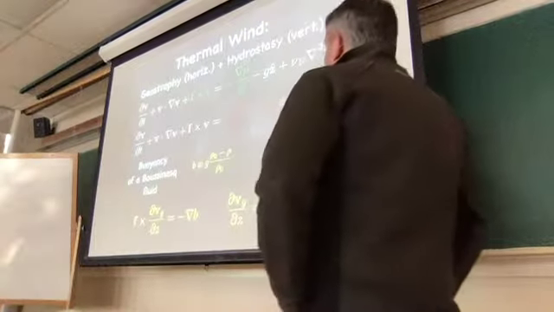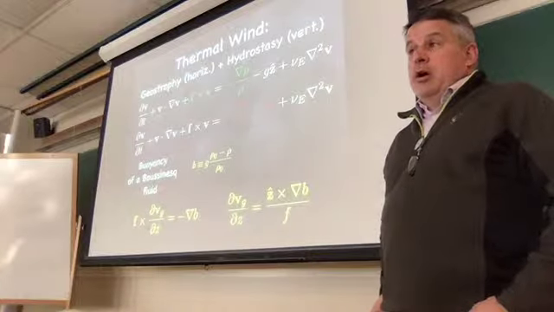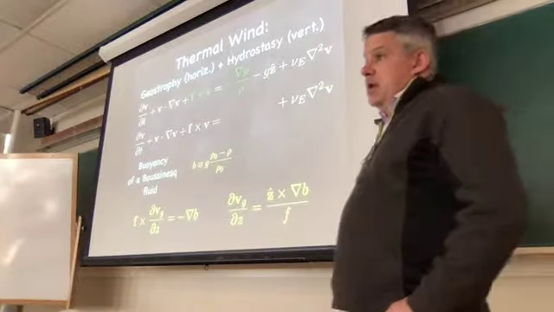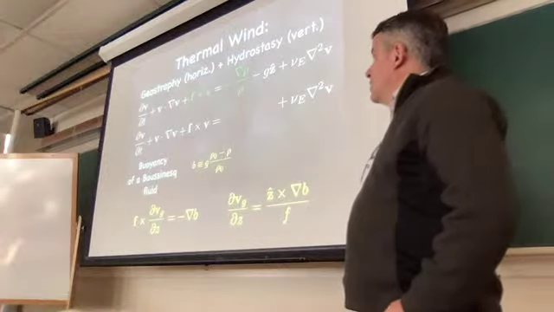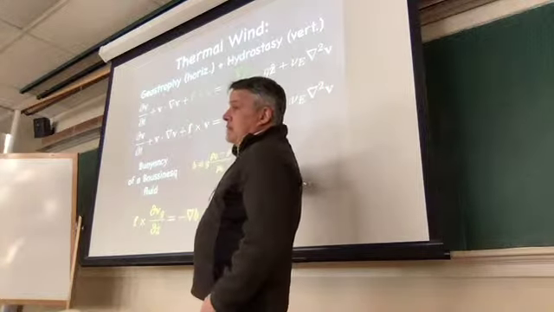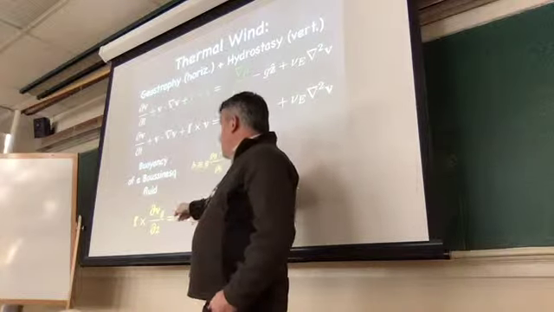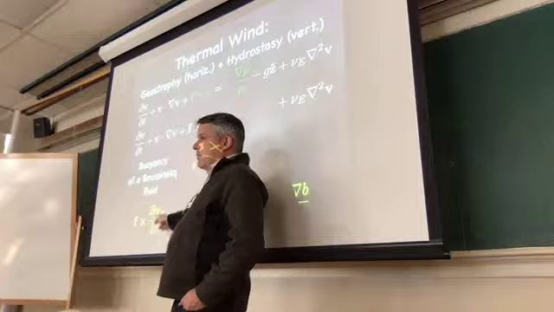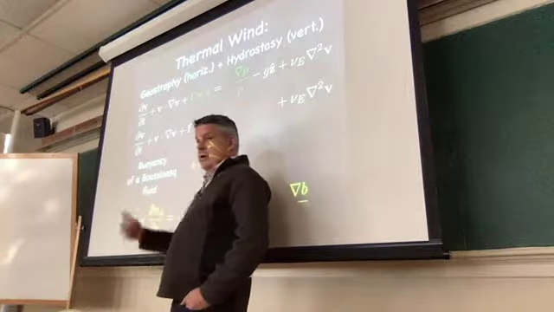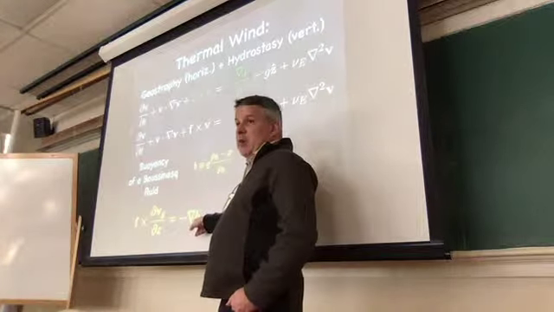Okay, so here's the new one, thermal wind balance. So the thermal wind, which is sort of the deviation away from Taylor-Proudman, is you put together the geostrophic part and the hydrostatic part using the buoyancy, which makes it a little easier to think about, then the vertical derivative of the geostrophic velocity in the direction of the rotation axis, dz, is affected by the gradient in buoyancy.